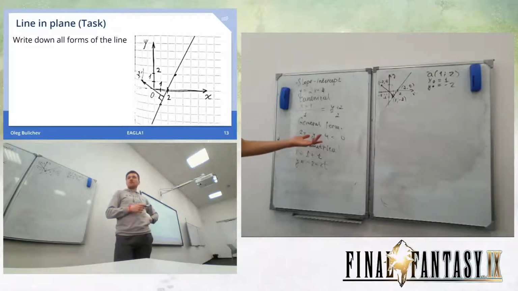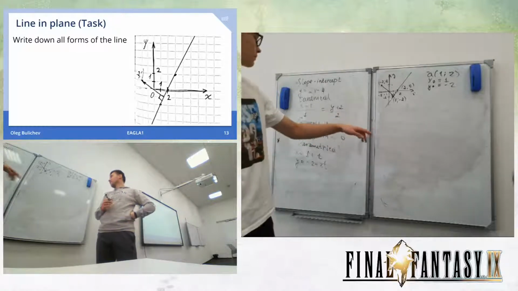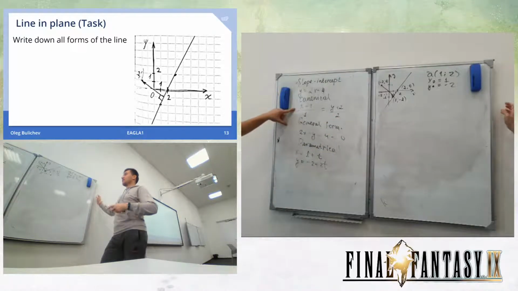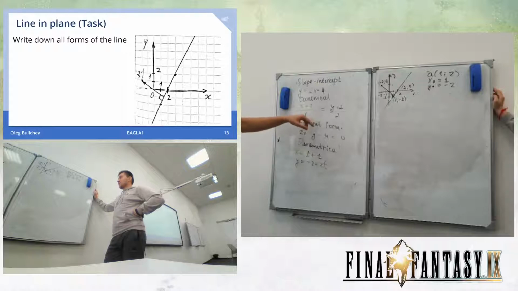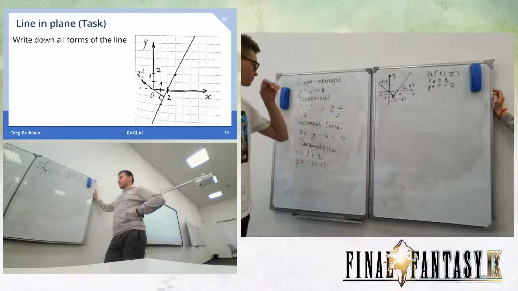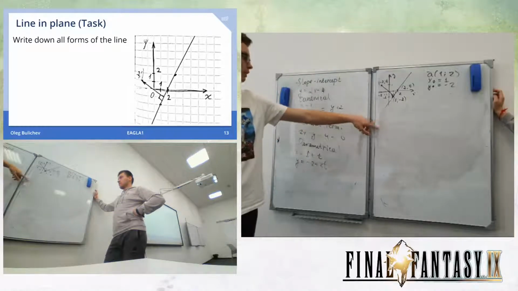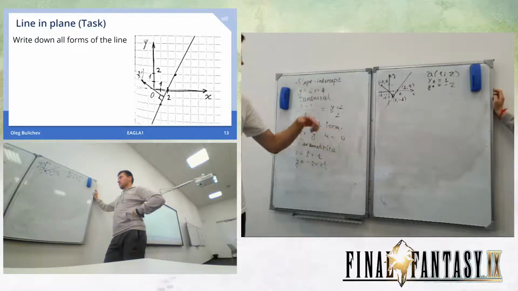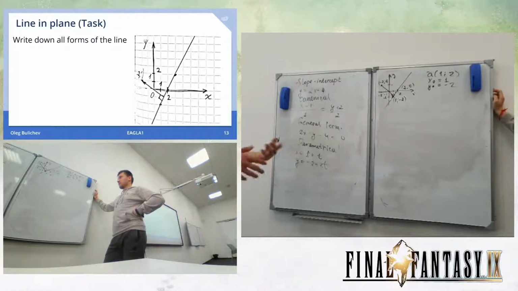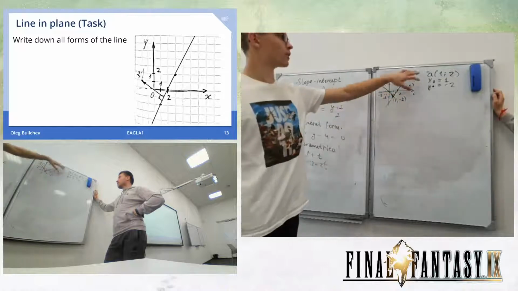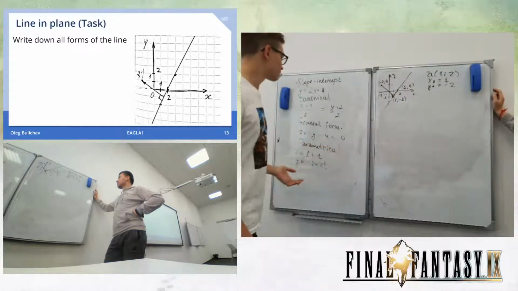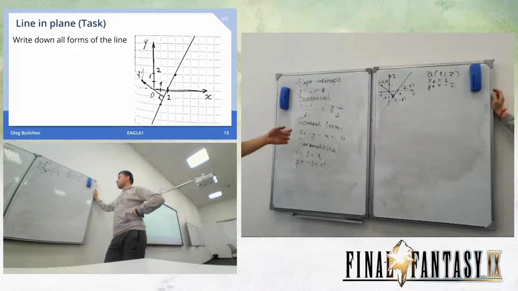I understand. Why? Because if we use canonical form, here we have xa, ya. We multiply, and we have something like ya x minus xa y, etc. We have coefficients of this vector as coefficients of x and y.